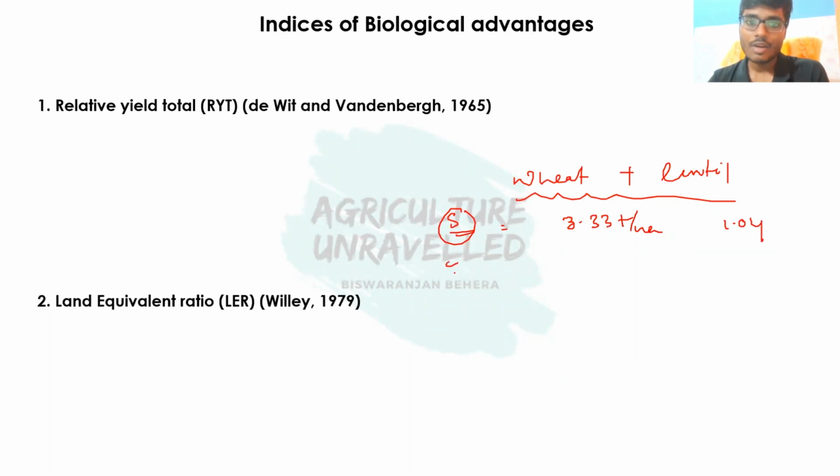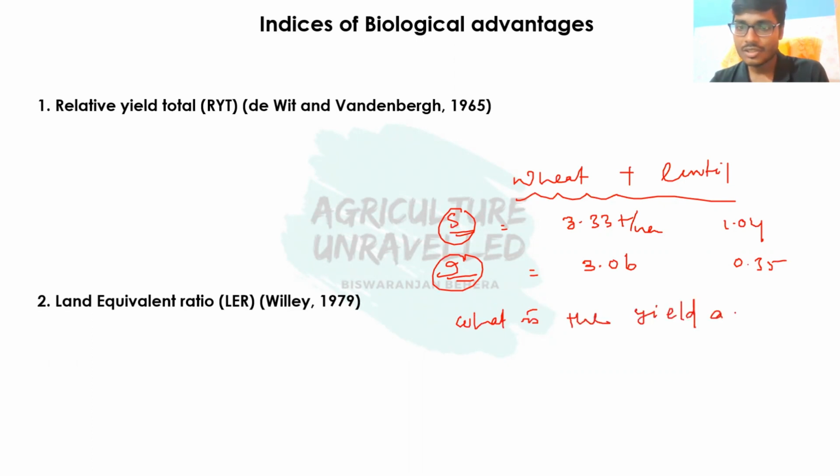Okay, and in case of intercropping situation, the wheat yield is 3.06, whereas the lentil yield in intercropping situation is 0.35. Then question will ask, what is the yield advantage due to intercropping?